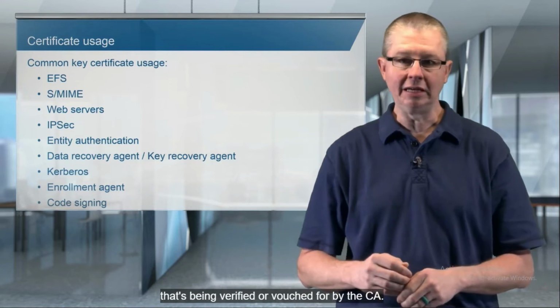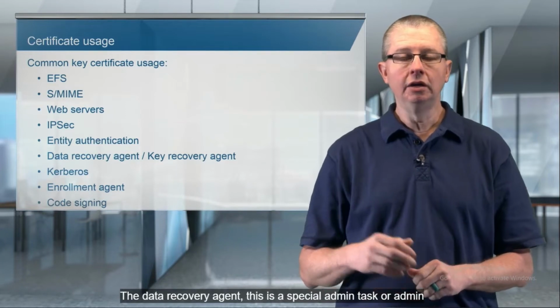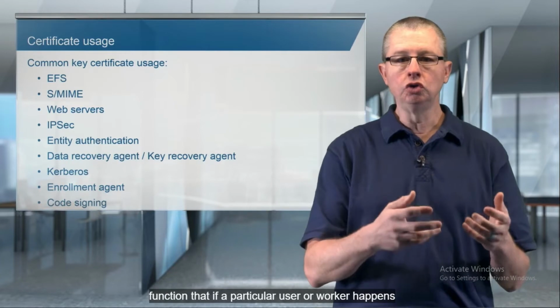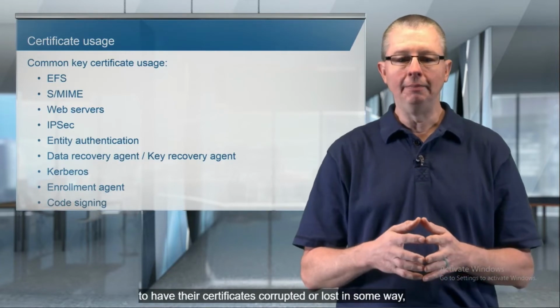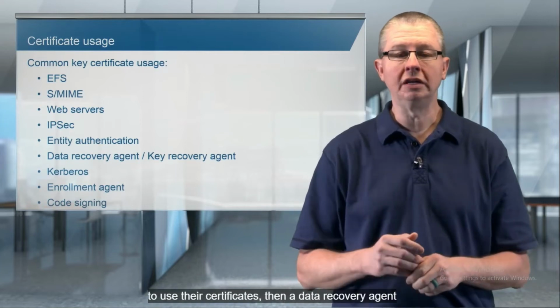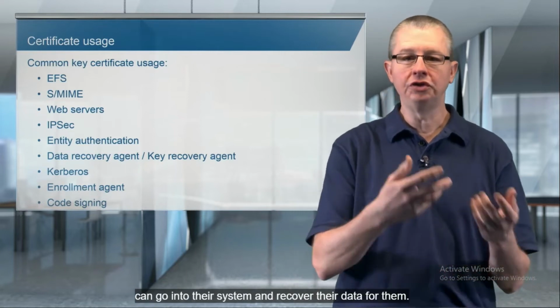then they can trust each other's identity that's being verified or vouched for by the CA. The data recovery agent is a special admin function: if a particular user or worker happens to have their certificates corrupted or lost in some way, or they've lost their credentials to log in to use their certificates, then a data recovery agent can go into their system and recover their data for them.